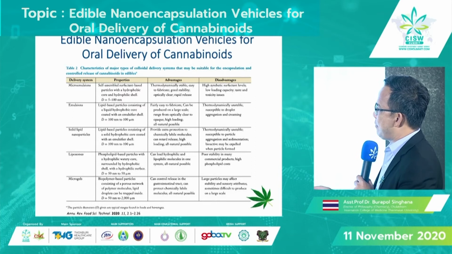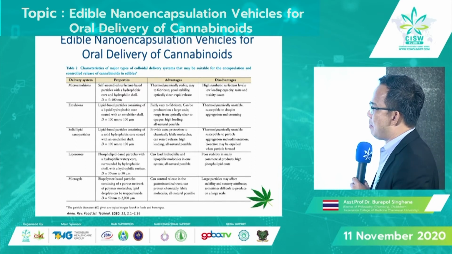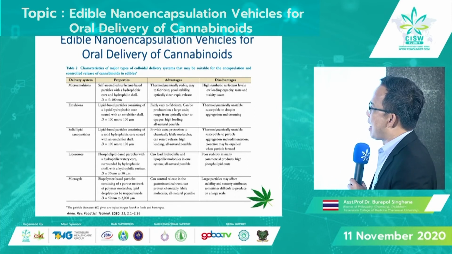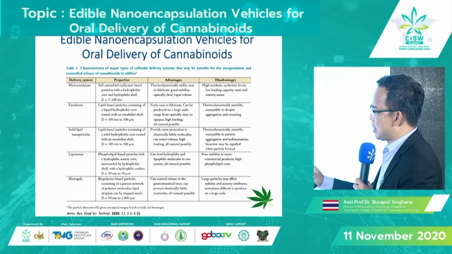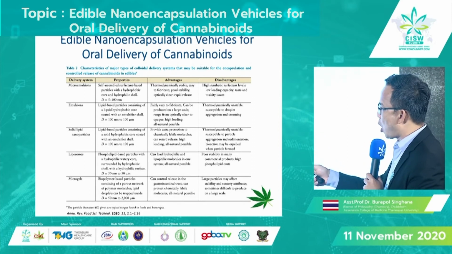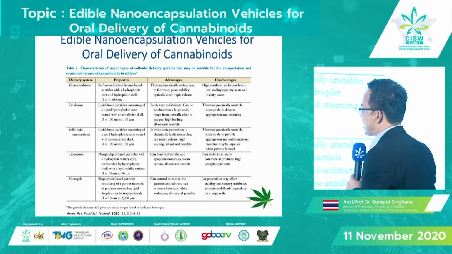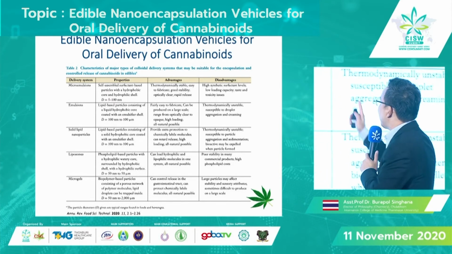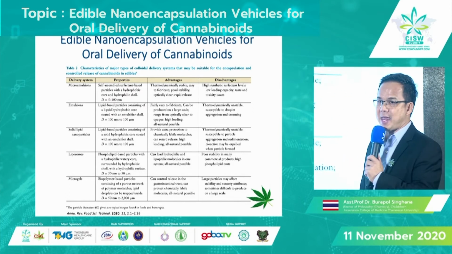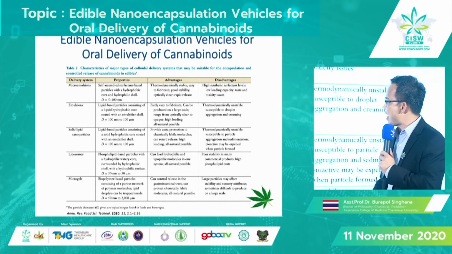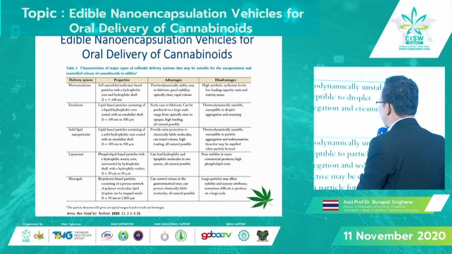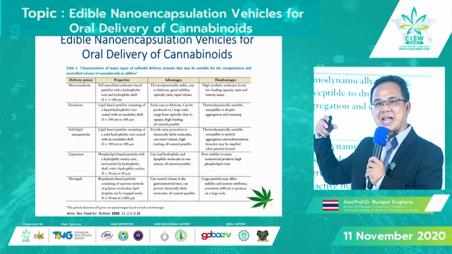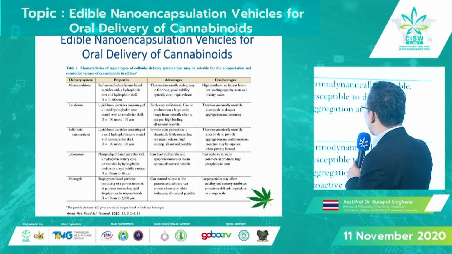microemulsion. Microemulsion is a self-assembly surfactant-based particle with a hydrophobic core, that means it doesn't like water, and a hydrophilic shell. The size is 5 to 100 nanometers. The good thing is it's really easy to make. It can happen by itself. It's thermodynamically stable, easy to fabricate, has good stability, is transparent and clear, and has rapid release.